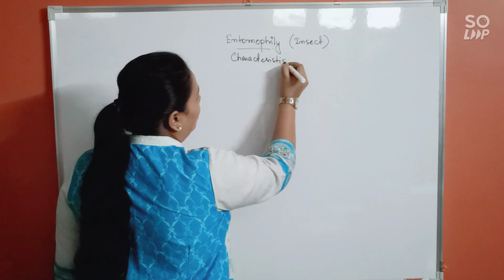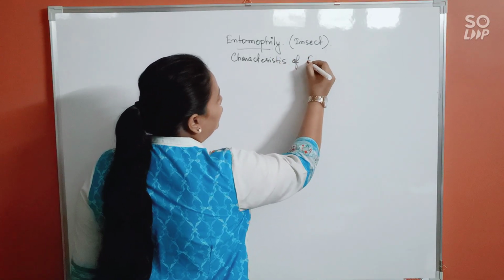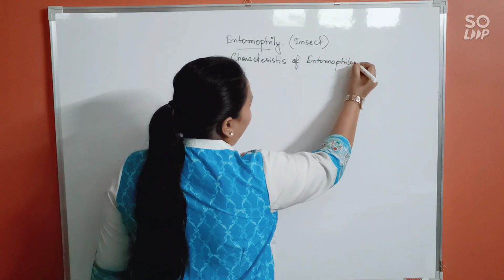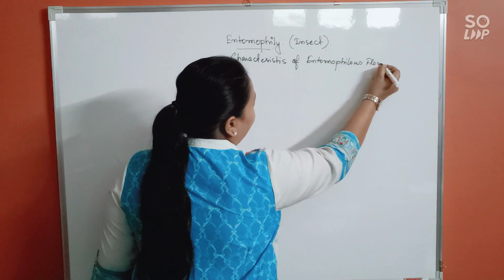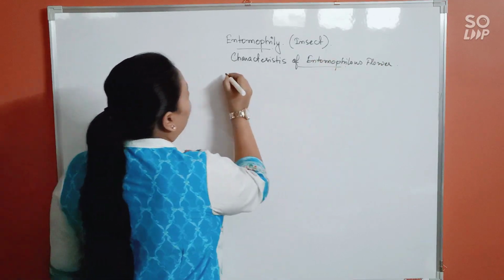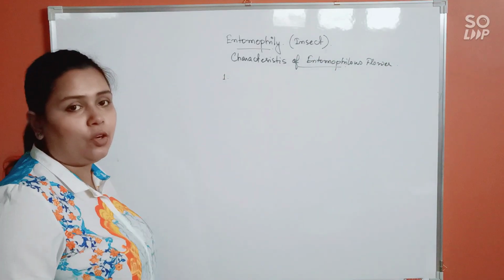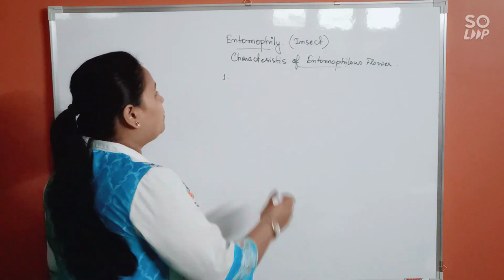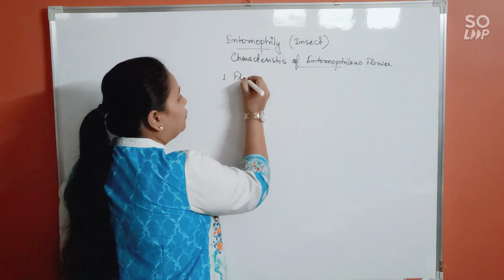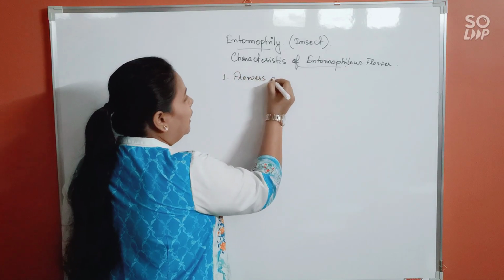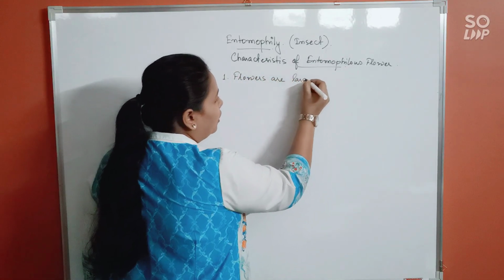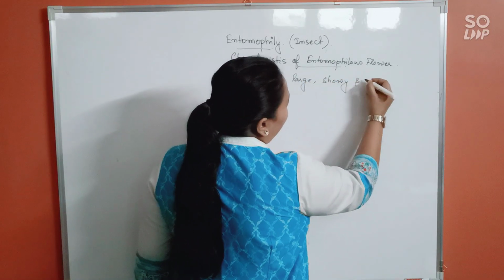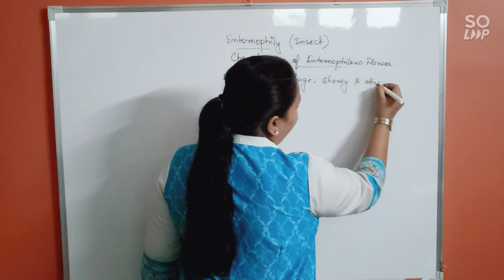Characteristics of entomophilous flower. First, I think all of you can guess already, because it's insects and they have to be attracted. So that's why flowers are very beautiful. Flowers are large, showy and attractive.